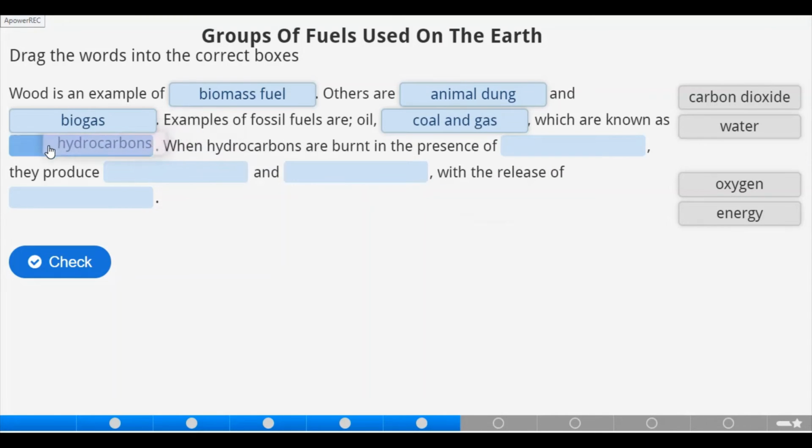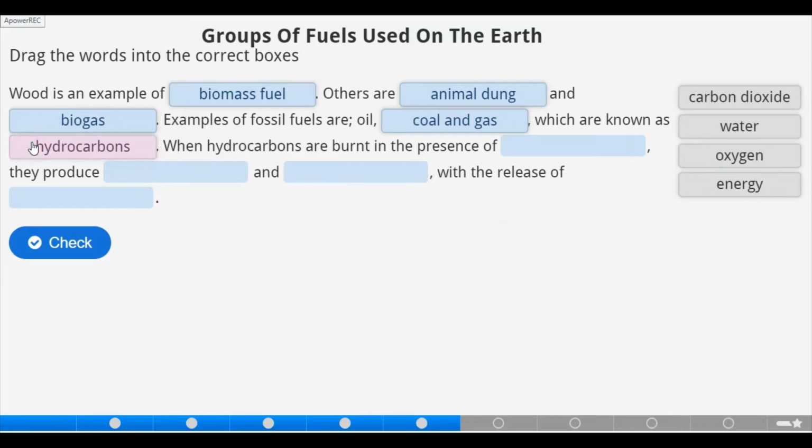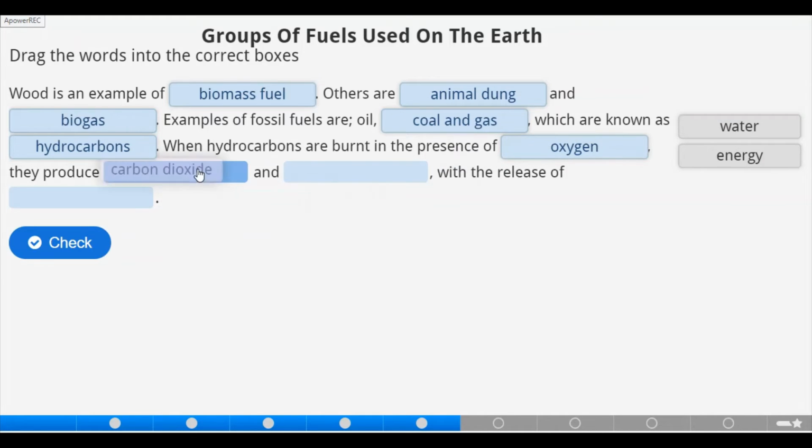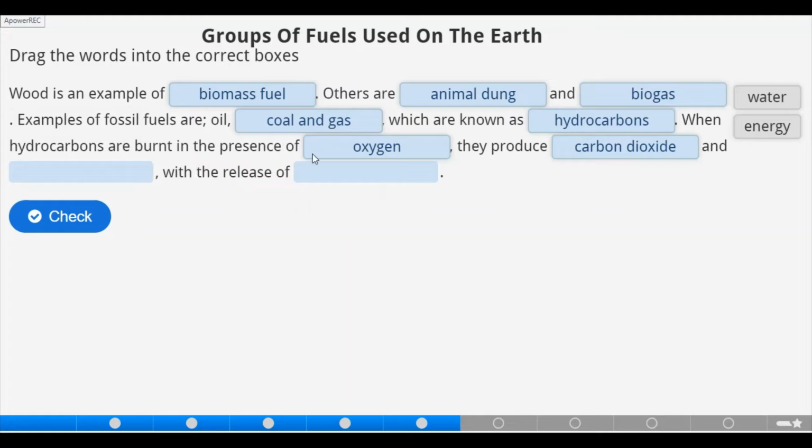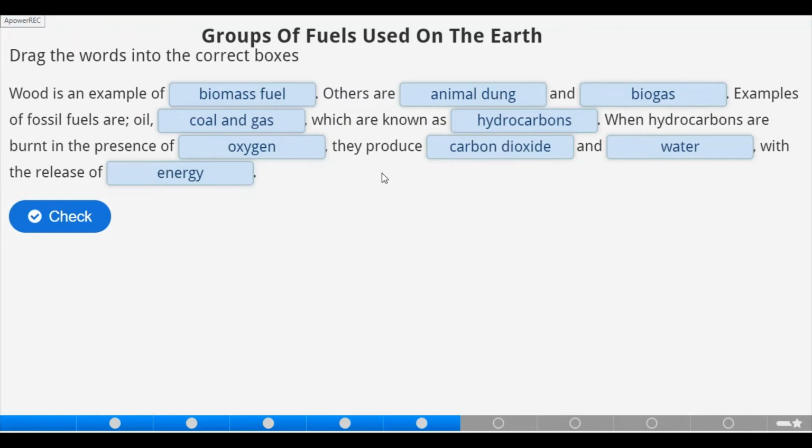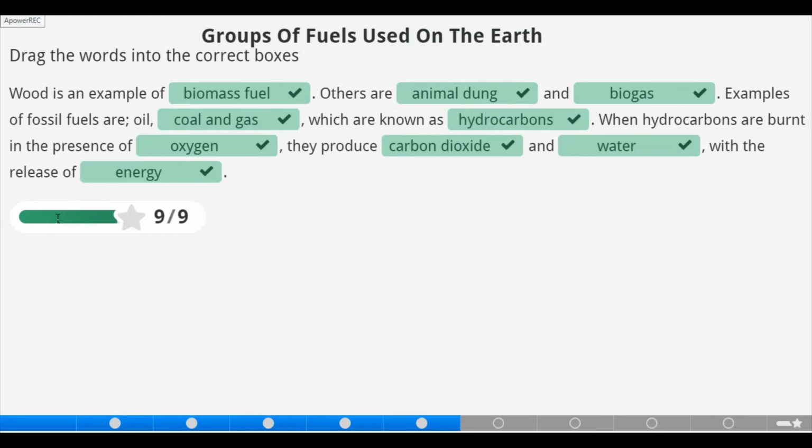Hydrocarbons, because they contain carbon and hydrogen. When hydrocarbons are burnt in the presence of oxygen, they produce carbon dioxide and water, with the release of energy. So let's check. That is correct.